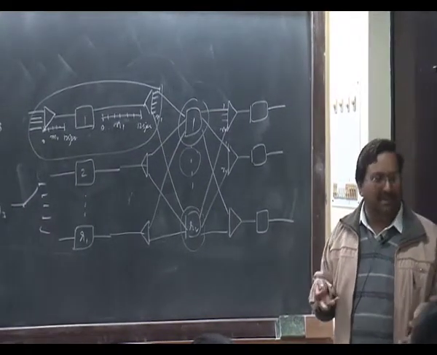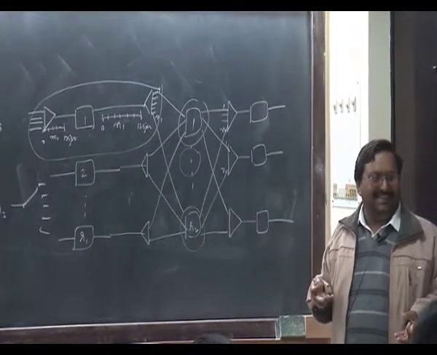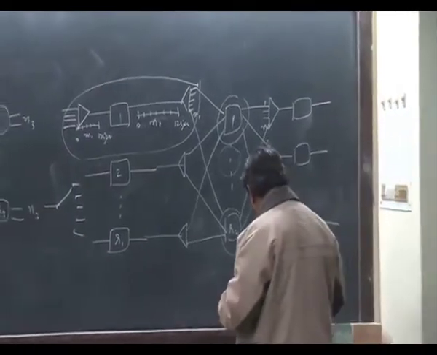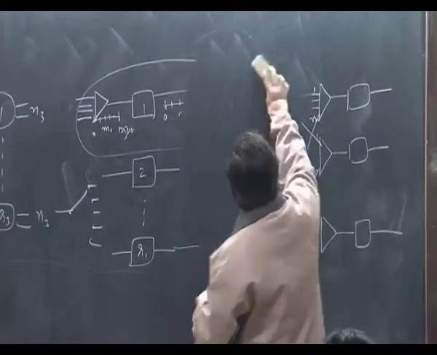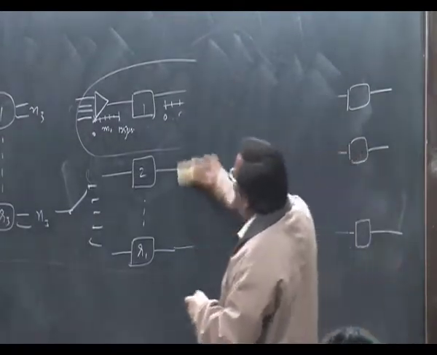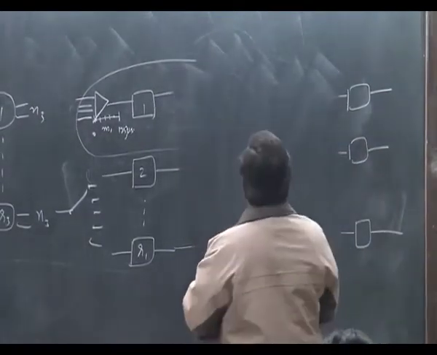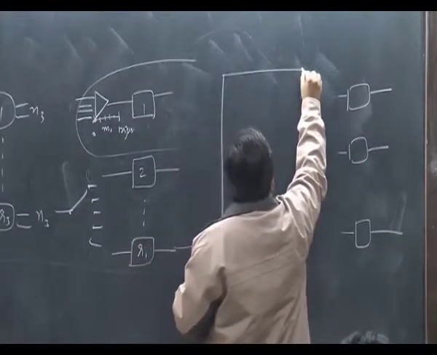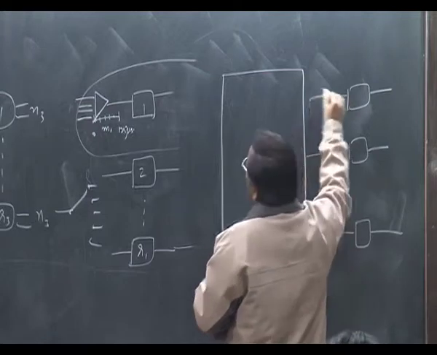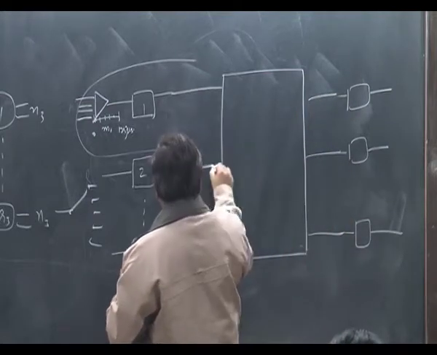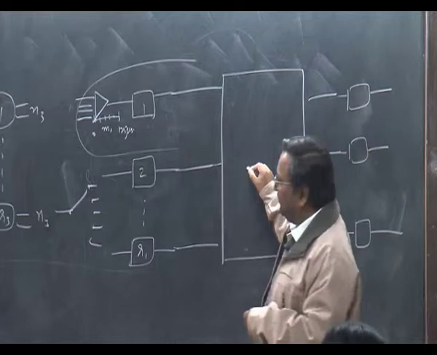I can do something smart actually. This itself gives a clue that I can replace this whole thing by nothing but one single space switch. And this space switch is of how much dimension?